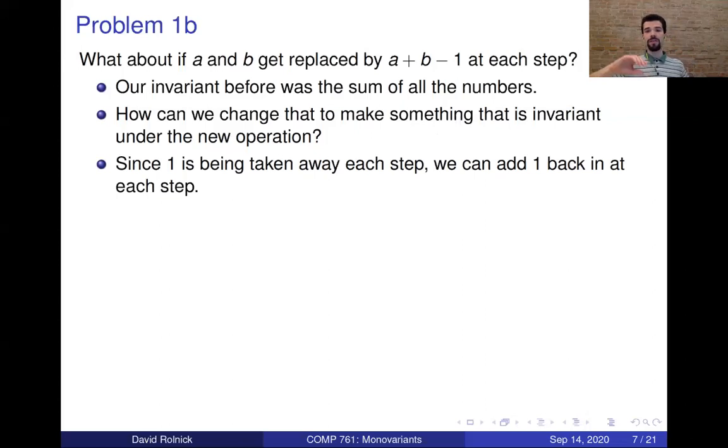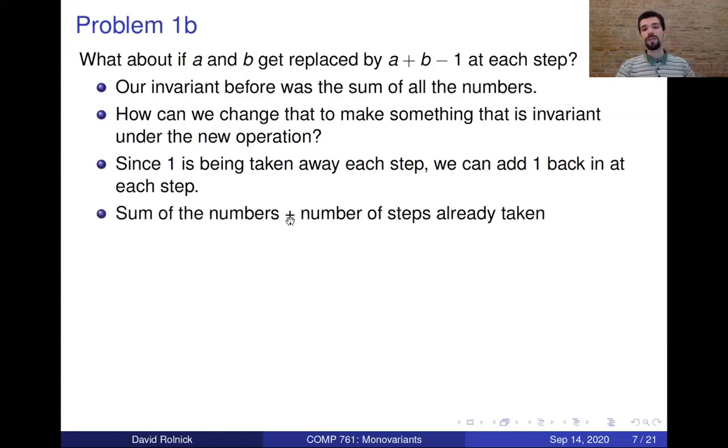So you're going to have to add 1 back in at each step. Yeah, exactly as somebody is suggesting. You're going to have the sum, and you're going to have to add in something to compensate for the fact that each step takes away 1 from the sum. The sum of the numbers plus the steps already taken is an example of an invariant here.